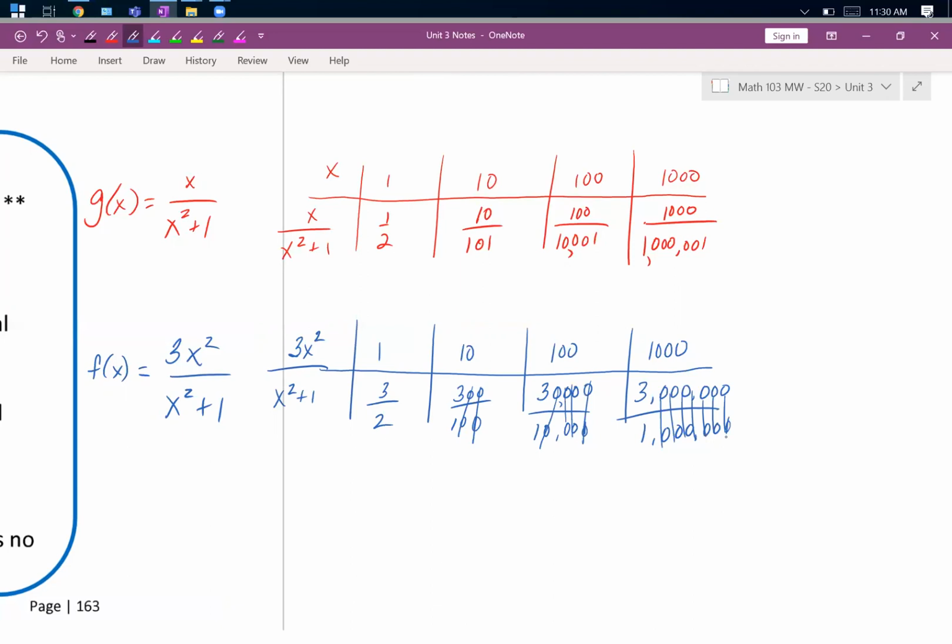So when the degrees are the same, the values are growing at approximately the same rate. The only thing that makes a big difference is the multiplier out in front. Any questions on that?